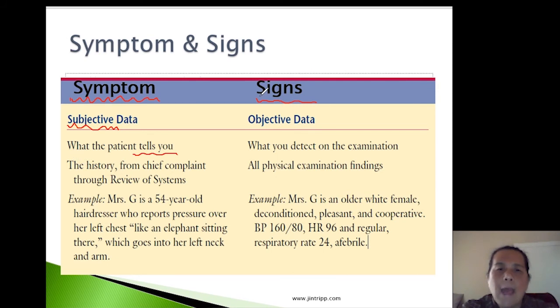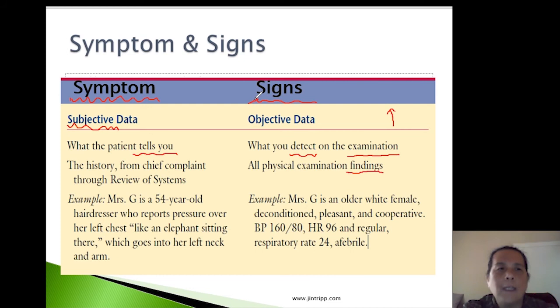And signs are what the doctors or practitioners find through checking or examinations. Like the patient's blood pressure is high, or some part of the body has a skin rash.